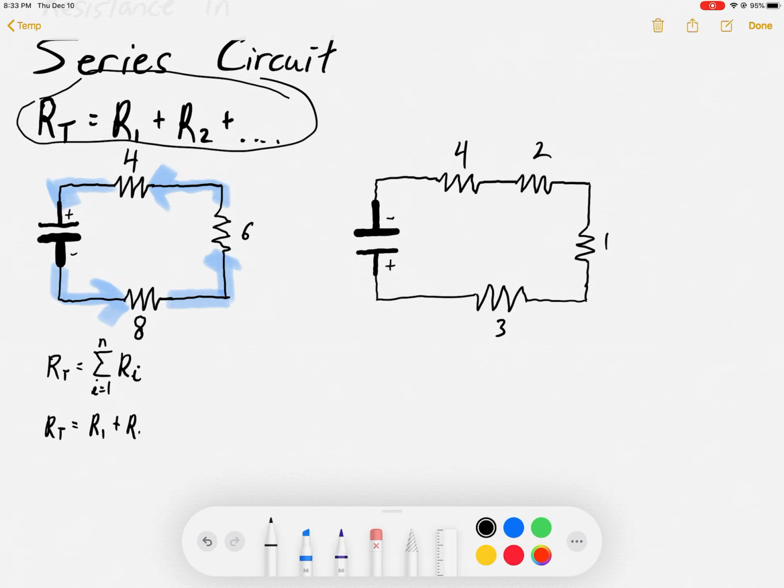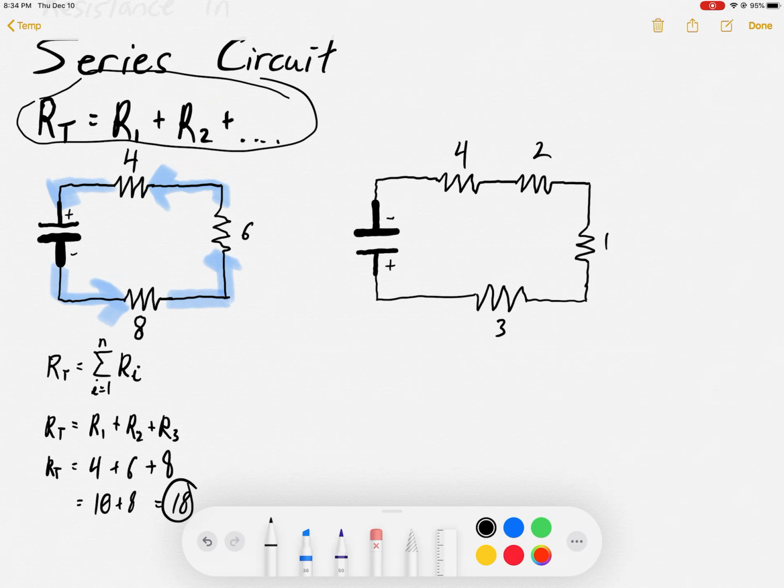But to write it out just a touch more formally, since there's three, it's going to be resistor 1 plus resistor 2 plus resistor 3. But what are they? Well, that's just 4 plus 6 plus 8. And I know I wrote it backwards from the current flow, but it doesn't really matter when it comes to addition. The order doesn't matter. And so 4 plus 6 is 10, and then plus 8, that is 18.